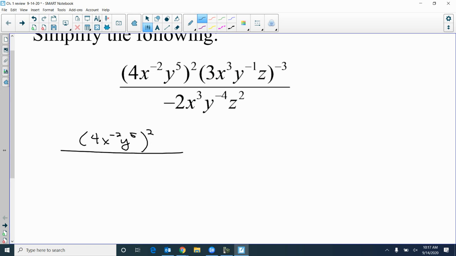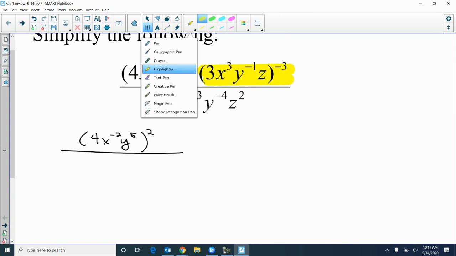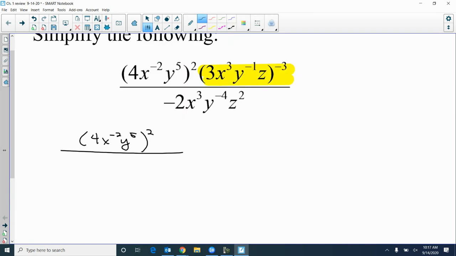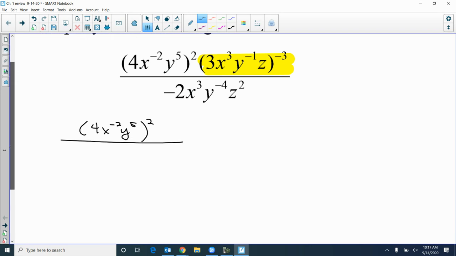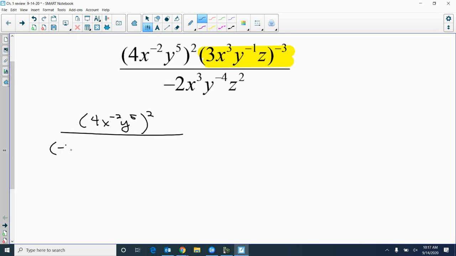I'm going to move this down below, and in doing so, I'm just going to put whatever's down there in parentheses just so that they don't overlap with each other. So -2x cubed, y to the -4th, z squared. And then that gives me 3x cubed, y to the -1st, z, all to the third power.